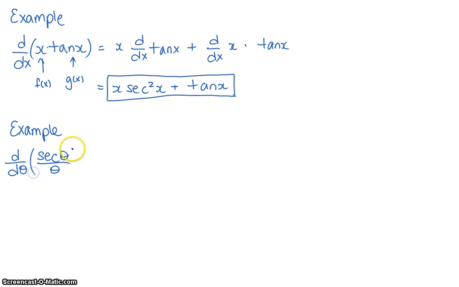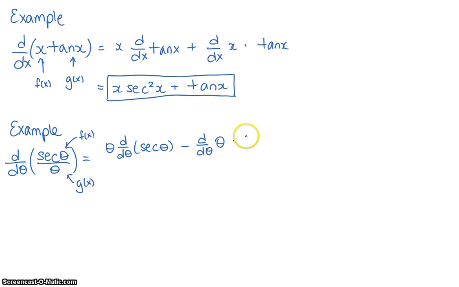Another example is when we take the derivative of secant theta over theta, with respect to theta. This one's going to use our quotient rule because we have a numerator and a denominator. Again, if you want to call them f and g. Ultimately you take your denominator times the derivative with respect to theta of secant theta, then we take the difference of the derivative of theta times just secant theta, and that whole thing is over theta squared.